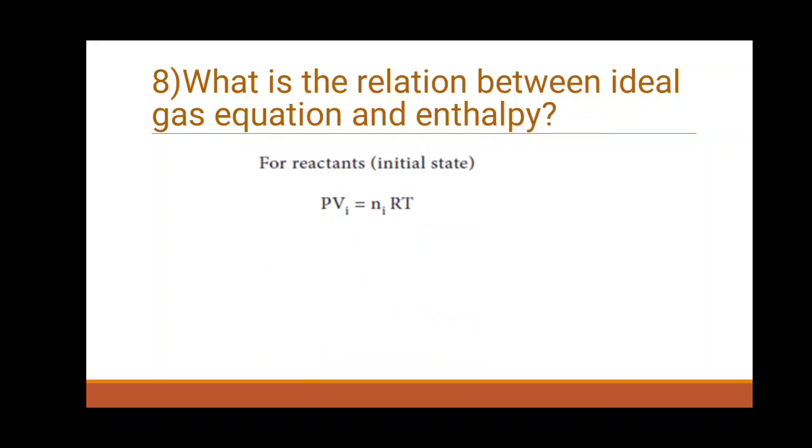Now for the reactant initial state, we know that PV equal to nRT for the ideal gas equation. The condition is gas, that's why we can take it as an ideal gas. So initially PVi equal to Ni RT. Now for the products, final state, PVf equal to Nf RT.